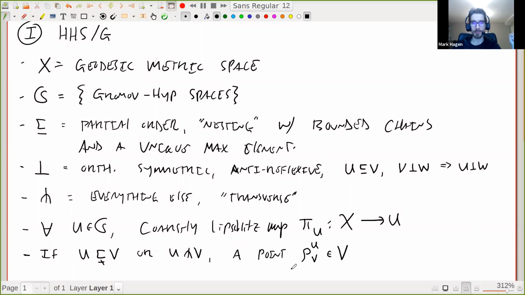So these points are sort of, you think of them as projections between the different spaces.